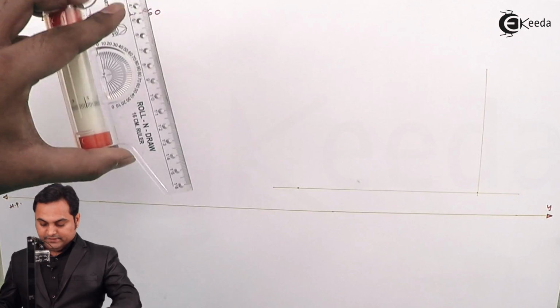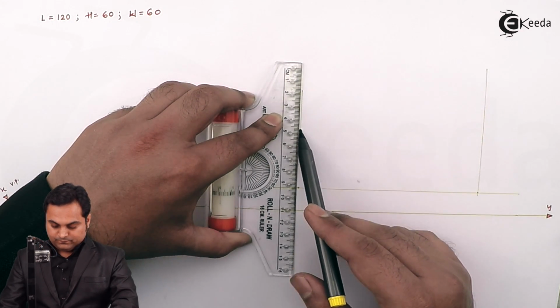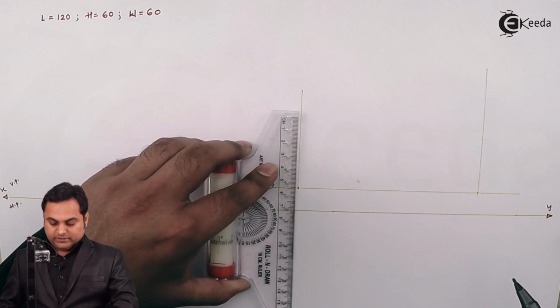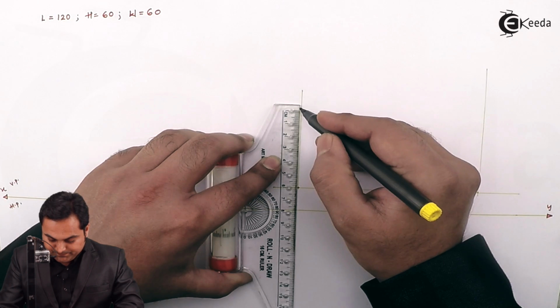Drawing a light vertical line. Then since the height is 60, I am marking over this vertical line.